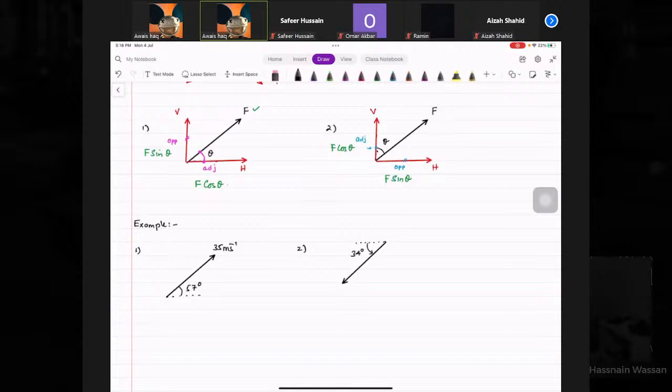And from the value of this component, this vector is 12 meters per second. Now, the third one is like this. The value is 20 meters per second, and the angle is given from here, which is 30 degrees.